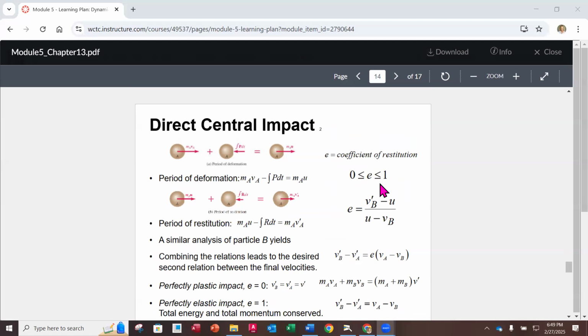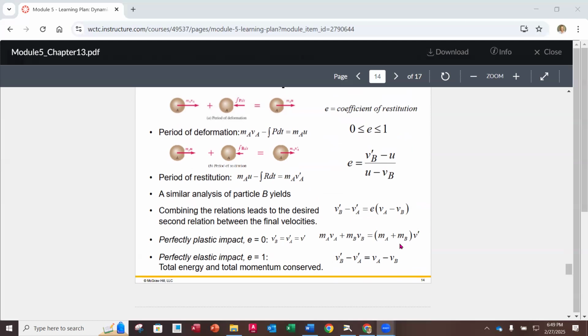Now, to calculate the coefficient of restitution, it's this equation right here, with that cursive e being the variable that we use.